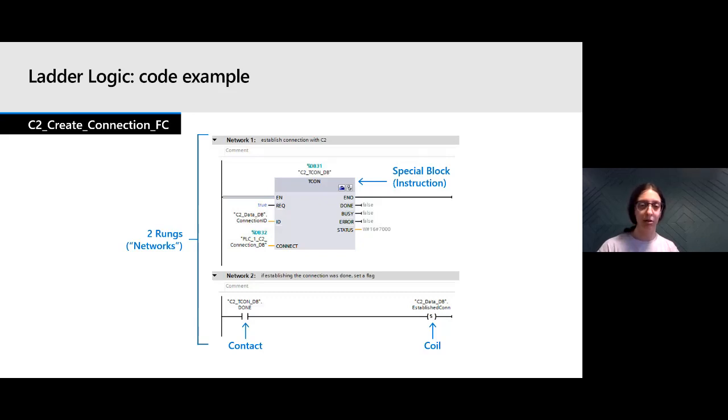We have a special block, which is an instruction that is being used to establish the connection, and we'll get to how it works in a few slides. We have a contact that is being activated when the connection is established. And we have a coil that is being energized according to the state of the contact in this same rung.